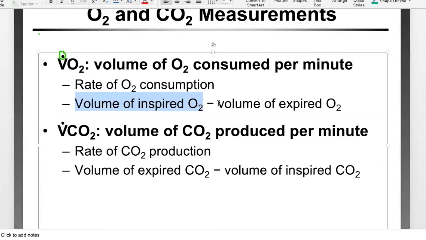And you subtract from that the volume of expired O2. Now I'm going to get an estimate of the amount of oxygen that I used to do that particular exercise during that particular breath. And likewise, I'll get the same value for my volume of carbon dioxide produced per minute. And I can use these in an equation to estimate indirectly VO2 max.